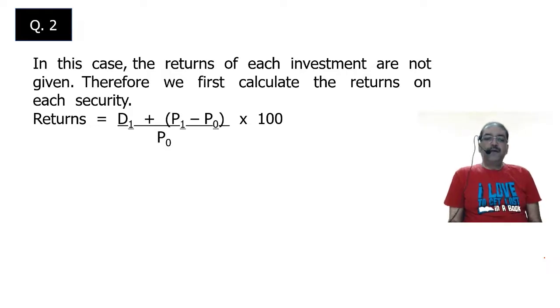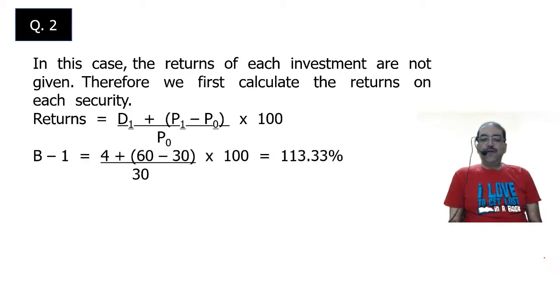Okay. So then we have the securities, the returns to be calculated of each of the securities. If I calculate for B1, dividend is 4 rupees, price at the end is 60 rupees, minus price at the beginning 30 rupees, divided by 30, original investment, into 100. So that comes to 113.33%. We round it up to 2 decimals.